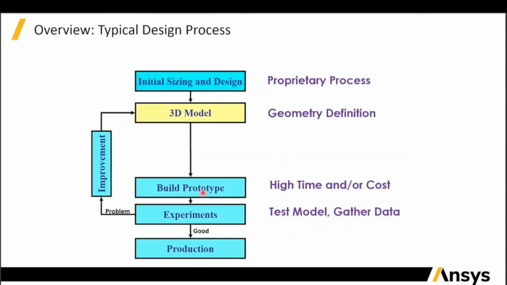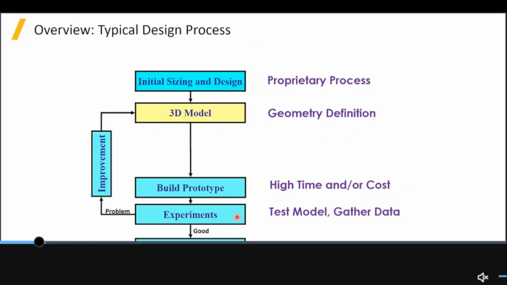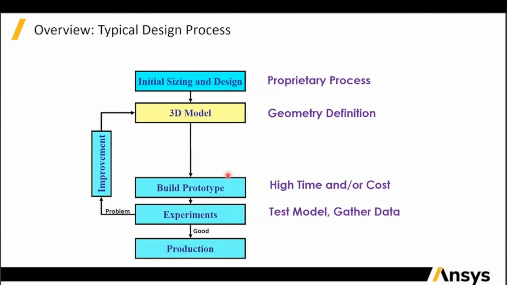Now let us see what the typical design process is. In a typical design process, you do the initial sizing and design, then you have a 3D model where you define your geometry, then you build a prototype, which includes high time and cost, then you do experiments.